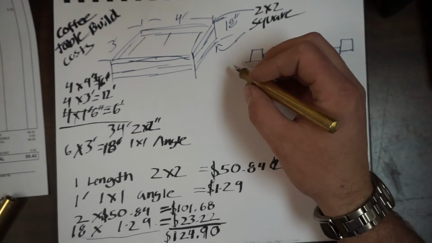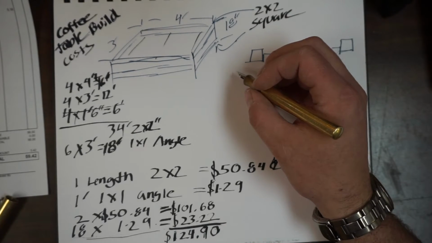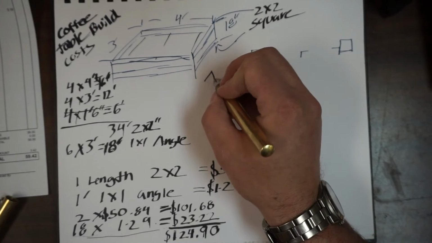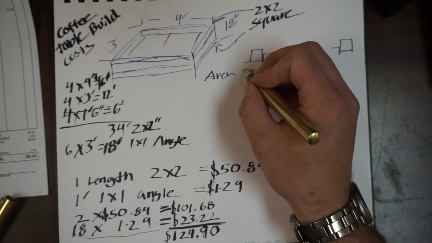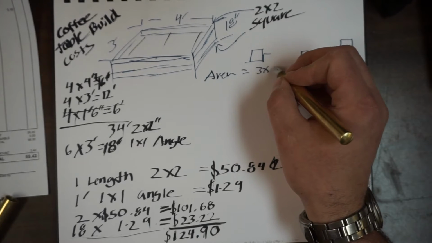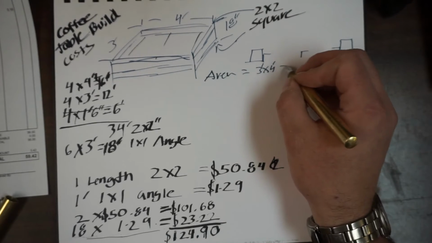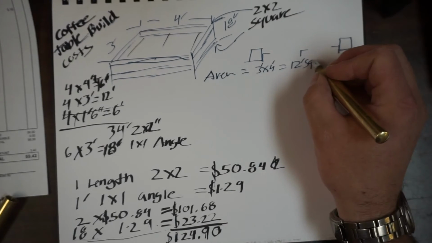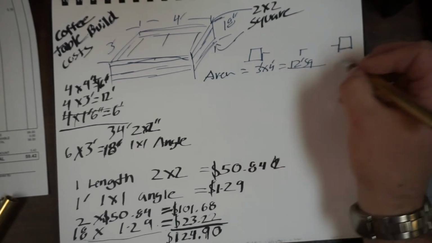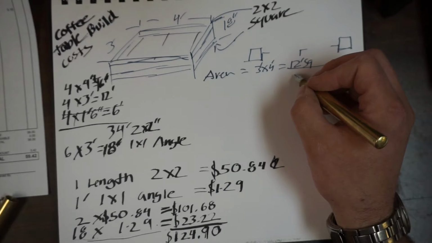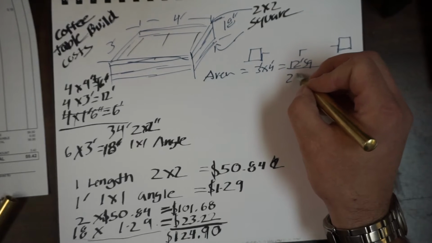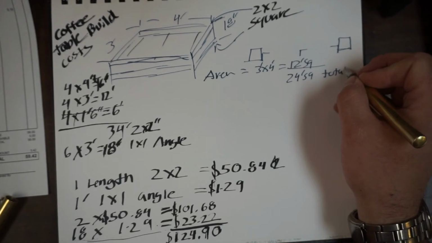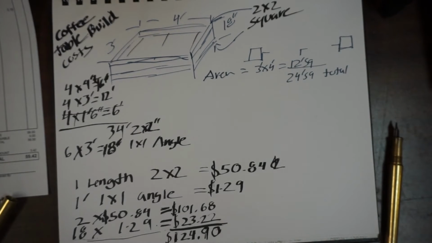So we have 3 foot times 4 foot is going to equal 12 square foot. Okay, that's good to know. So we actually are going to need 24 square foot of board total.